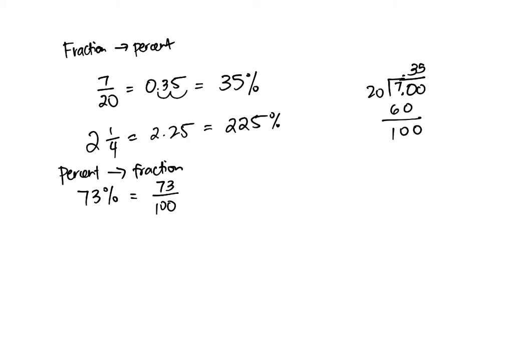From there, you just simplify if you can. 73 and 100 have nothing in common, so I'll leave it like that. If you have 64%, that's the same as 64 over 100. These two numbers are actually both divisible by the number 4, and this is 16 over 25.